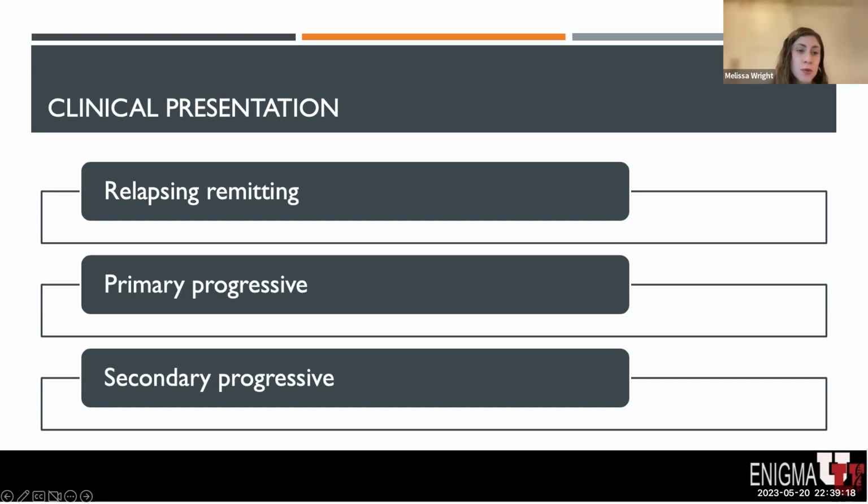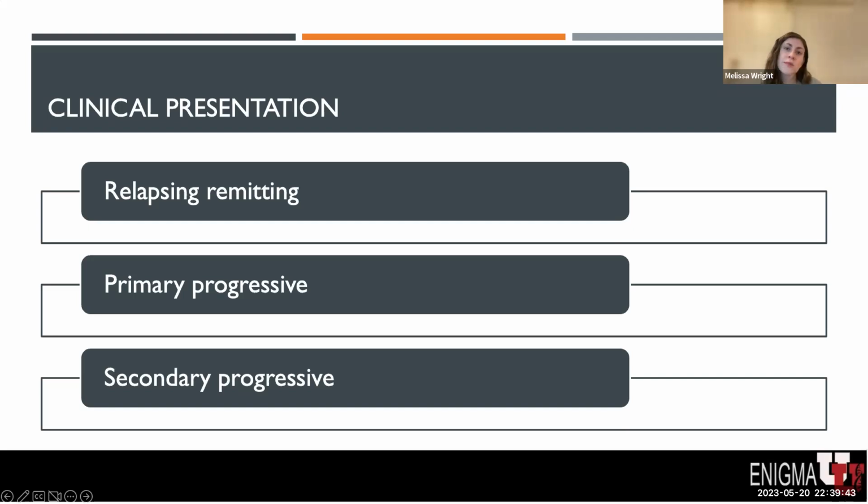The first is relapsing remitting, which is the most common presentation. In relapsing remitting MS, patients will develop acute episodes of neurologic symptoms, and these are known as relapses. In between these relapses, the symptoms remit, meaning that they improve, although recovery is often incomplete. With new relapses, new neurologic symptoms typically develop.